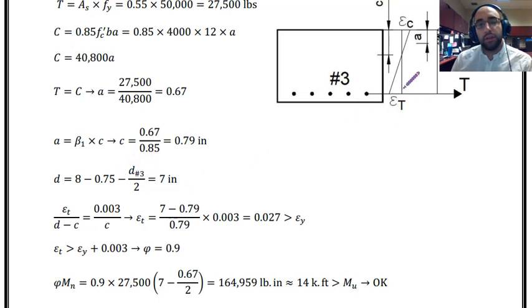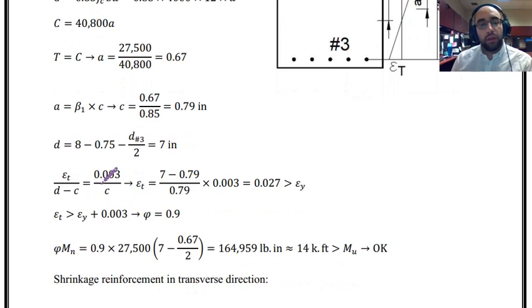So epsilon T over this side, which is D minus C, is equal to epsilon C over C. Epsilon C is equal to 0.003. That is the maximum strain for concrete based on the code suggestion. As you remember, in the very first presentation, we agreed on this value.